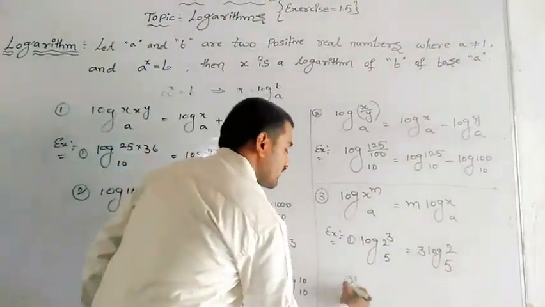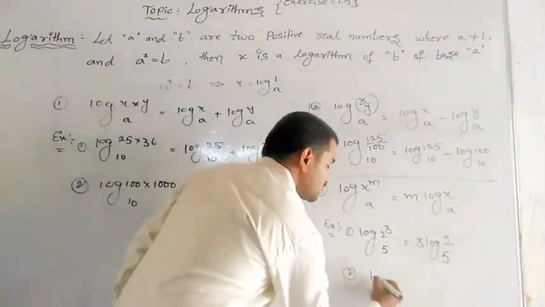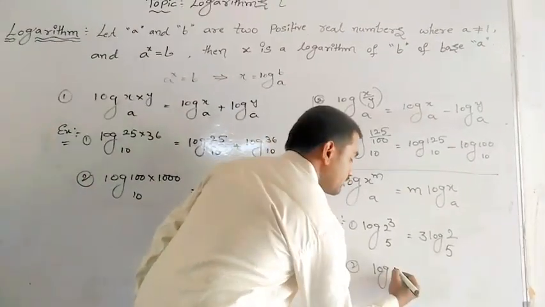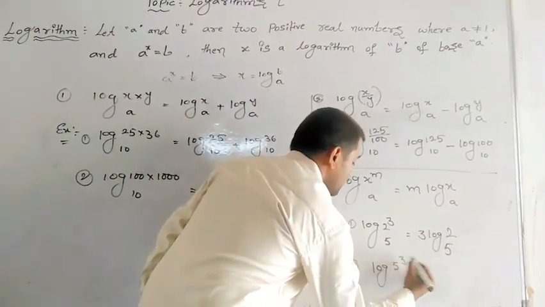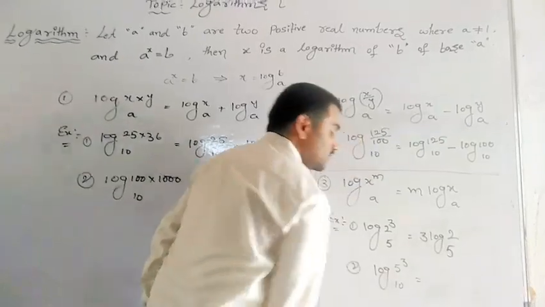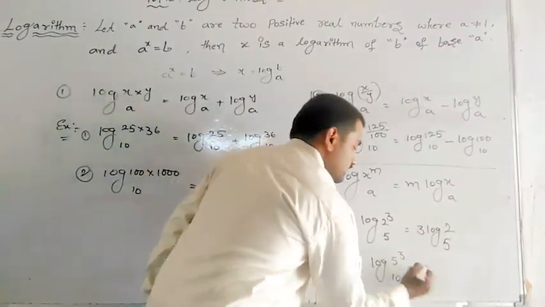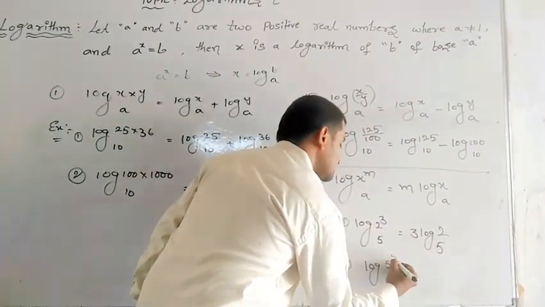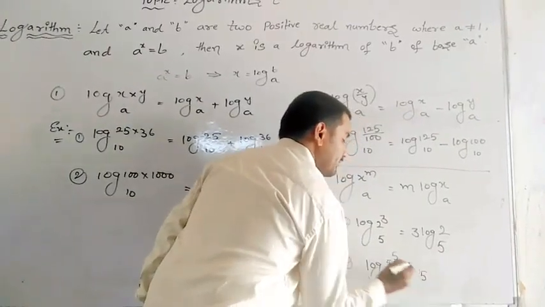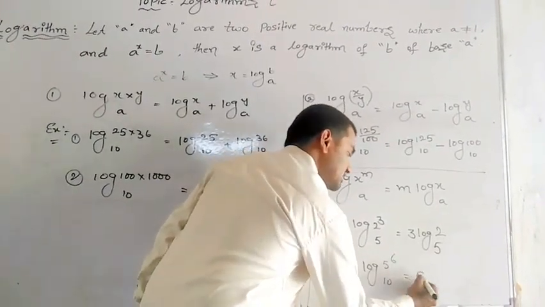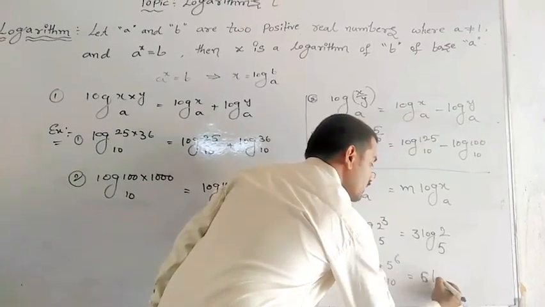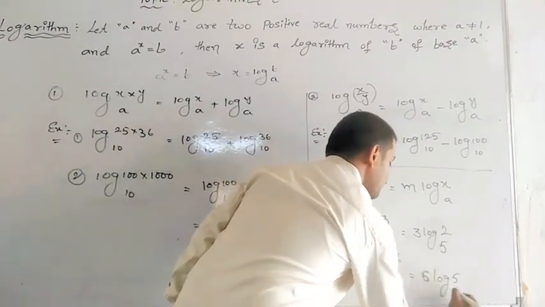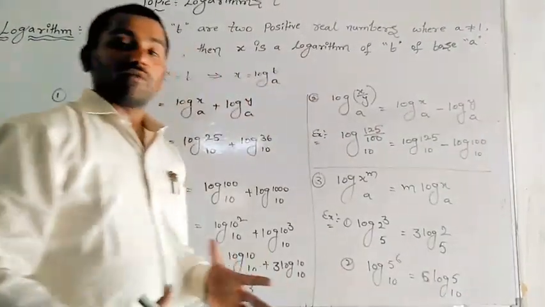Let me try one more. Try to guess it: log 5 to the power of 3, base 10 equals, yes, your guess: 3 log 5 base 10. Simple, very simple.